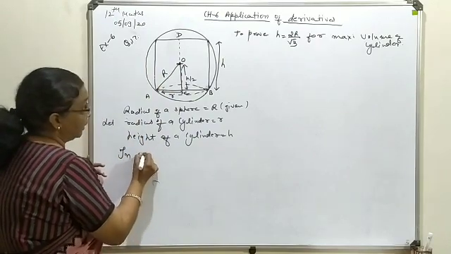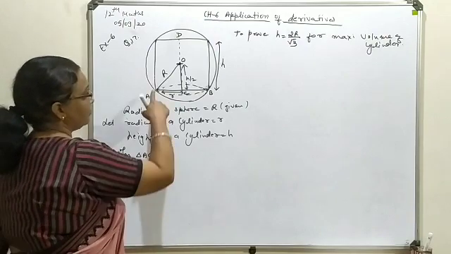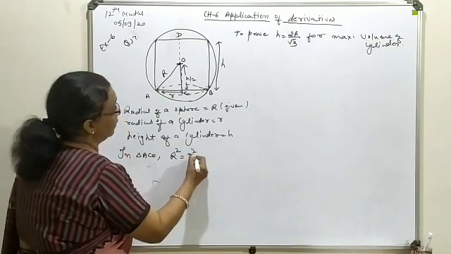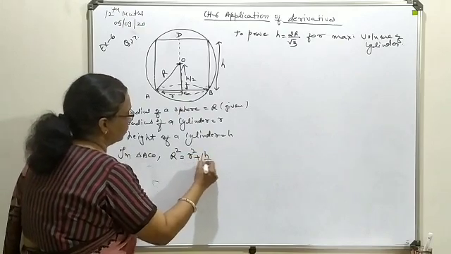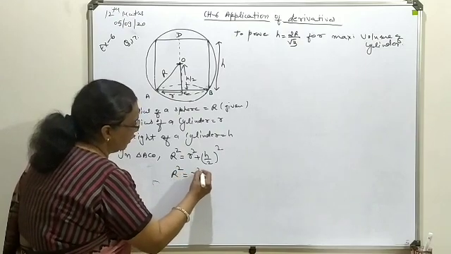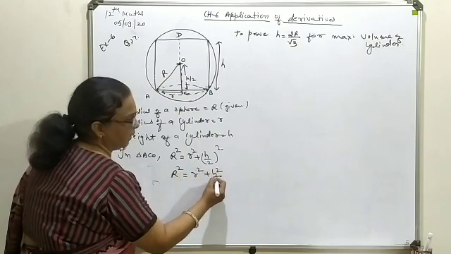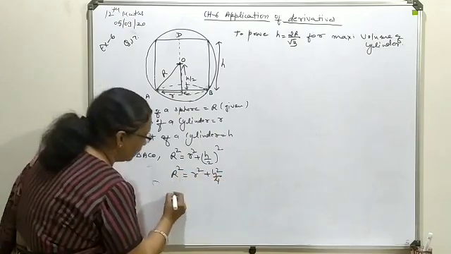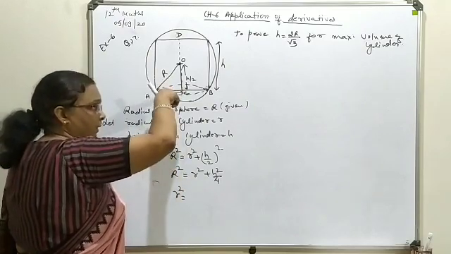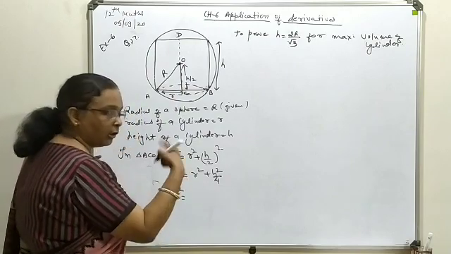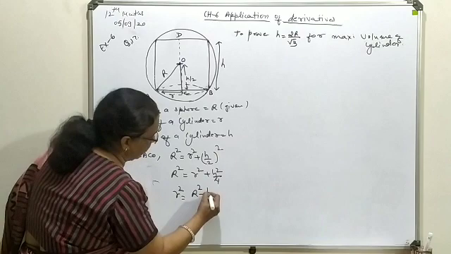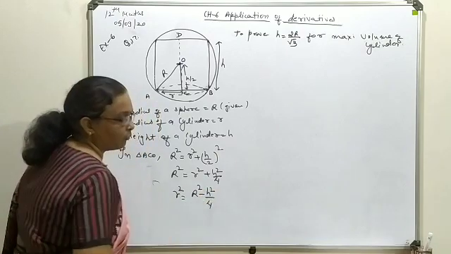In triangle ACO, R square is equal to small r square plus h by 2 whole square, so R square equals r square plus h square by 4. From here r square is to be separated out because the volume uses r, and we separate the constant quantity from the variable. So r square is R square minus h square by 4.